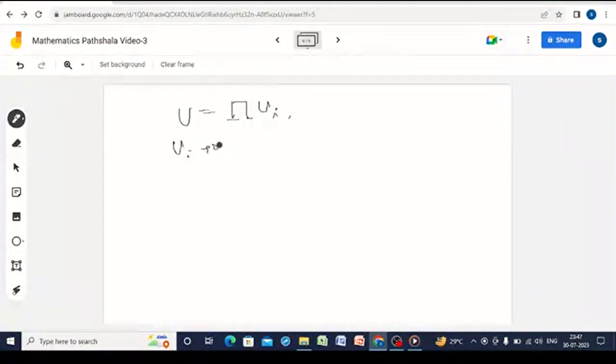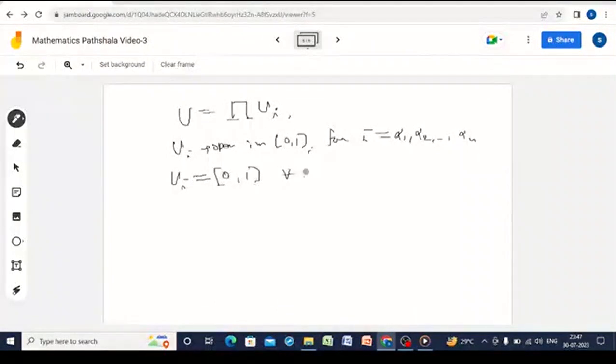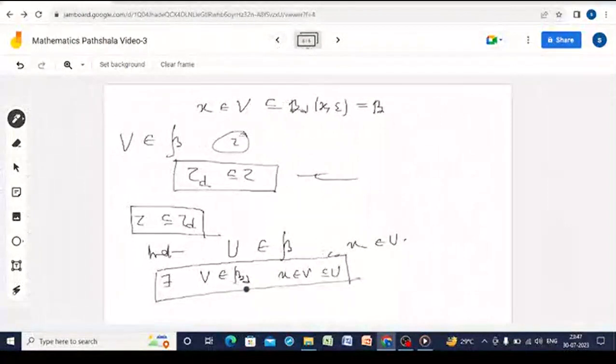Say ui is open in the closed interval [0,1] for i equal to alpha_1, alpha_2, up to alpha_n, and the rest ui will be equal to the whole space, that is the closed interval [0,1], for all i not of the form alpha_k. So we need to show that there is a basic open set V belonging to script B_d such that x belongs to V, a subset of U.